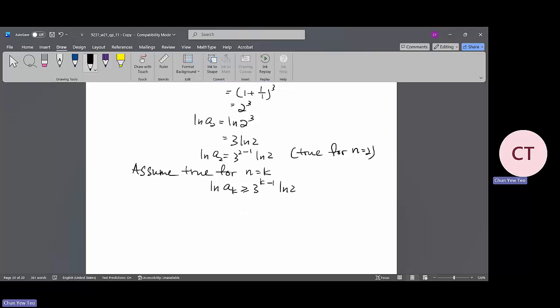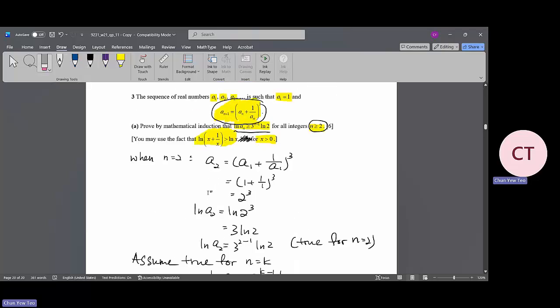Okay, then when n becomes k plus 1, as usual, we need to have ln a(k+1) equal to ln of ak plus 1 over ak to the power 3.